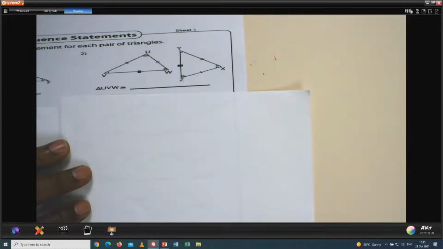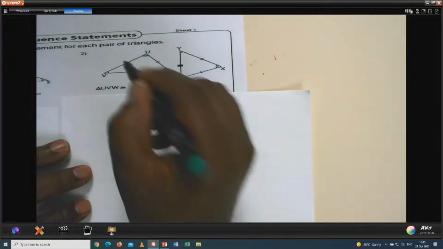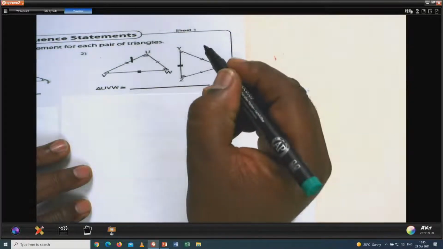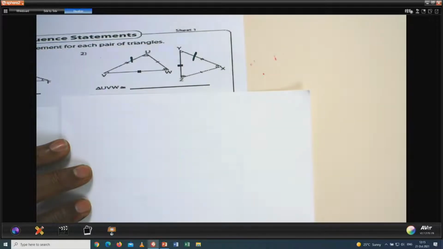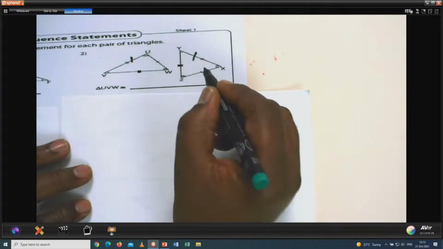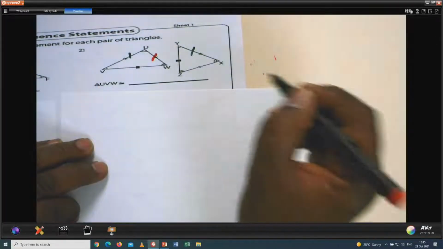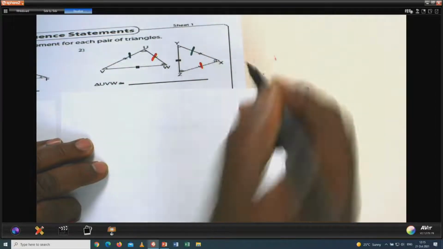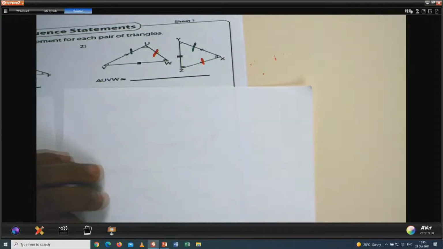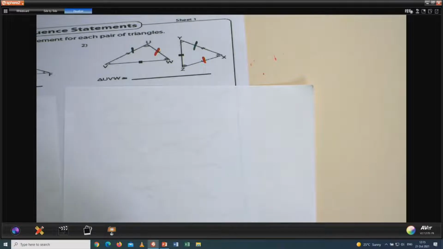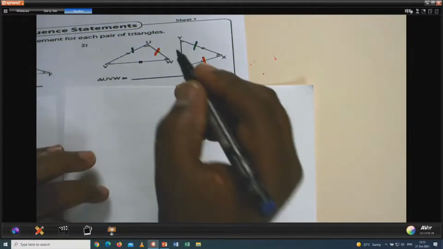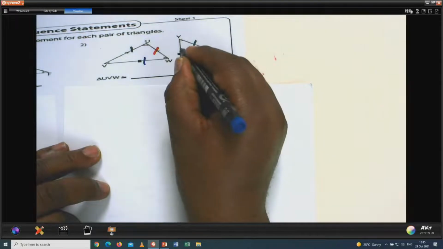What are we given here? We are given this side equals this side. Okay, let me use different colors. This side equals this one. What are we also given? We are given this side equals this one.